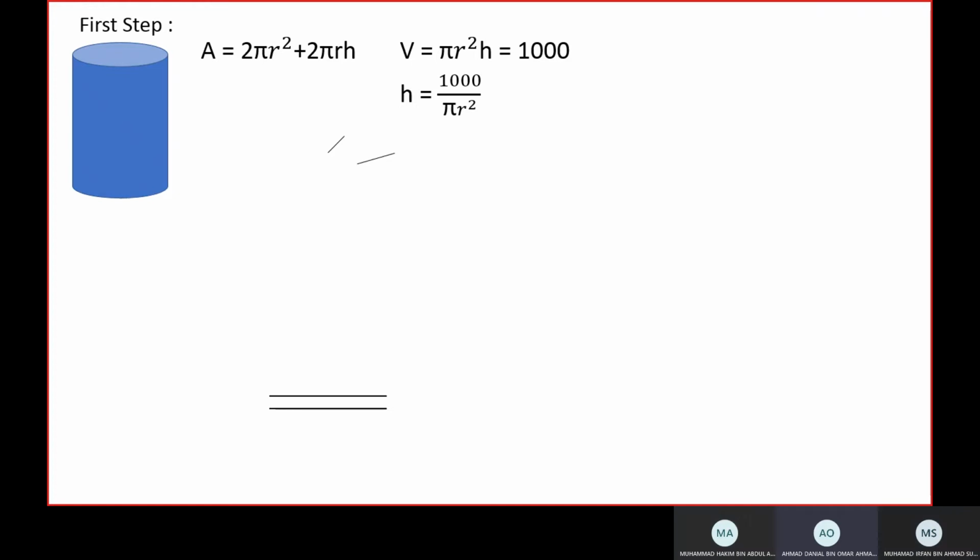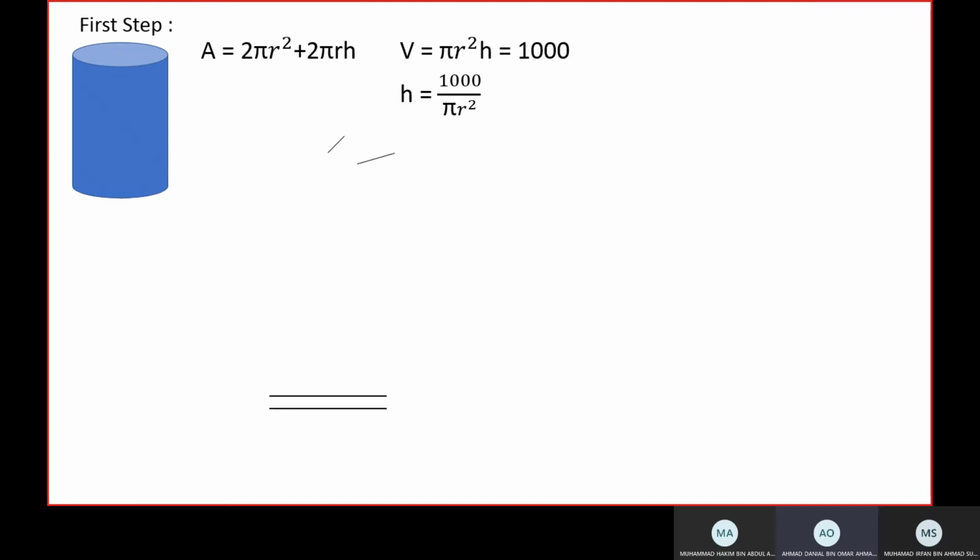We have two unknowns, which are two variables. We can't solve if we have two unknowns, so we have to make it one unknown, which we can do using h, where h is equal to 1000 over pi r squared.